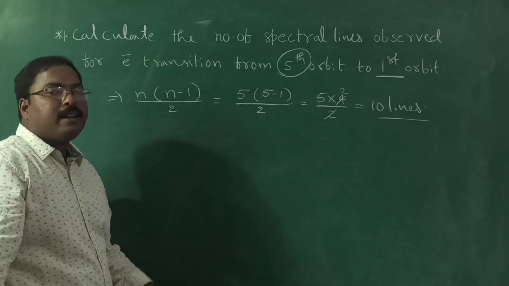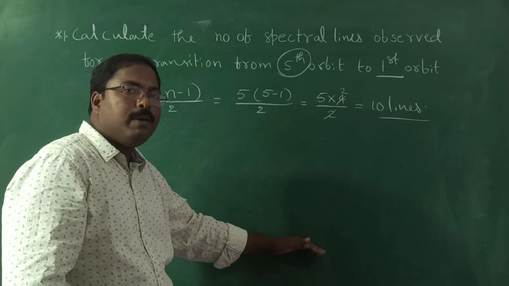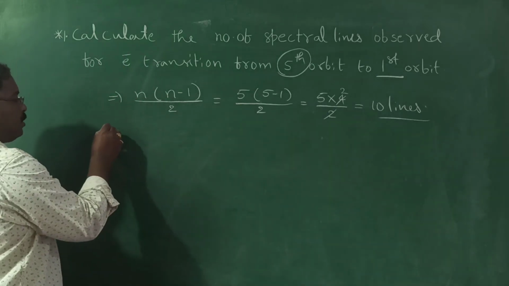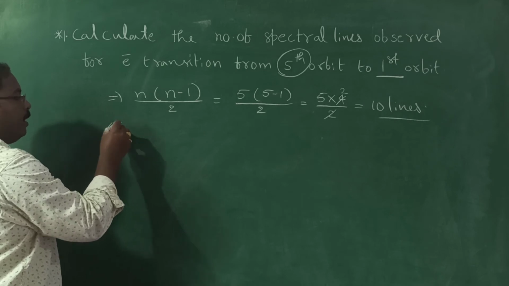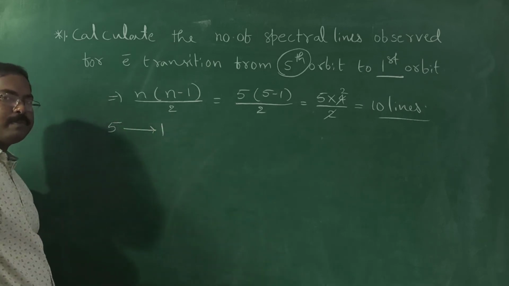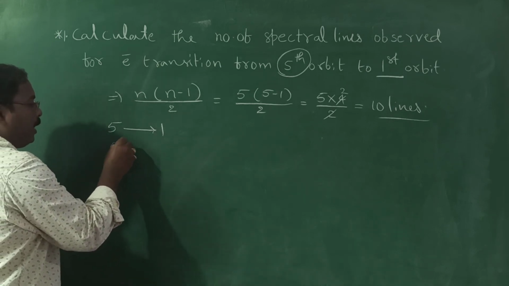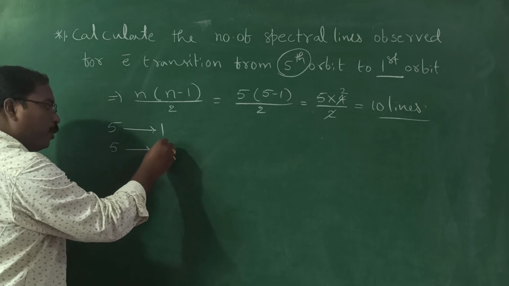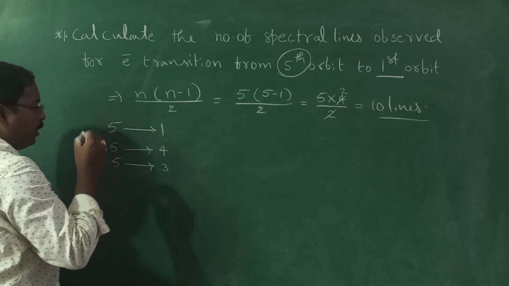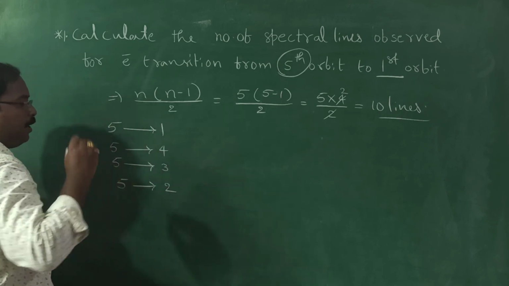Okay? When the electron jumps from the fifth orbit to the first orbit, we will observe 10 lines. Understood how 10 lines? It is the fifth orbit. So it may jump directly from fifth to first orbit, or it may jump from fifth to fourth orbit, or fifth to third orbit, fifth to second orbit.